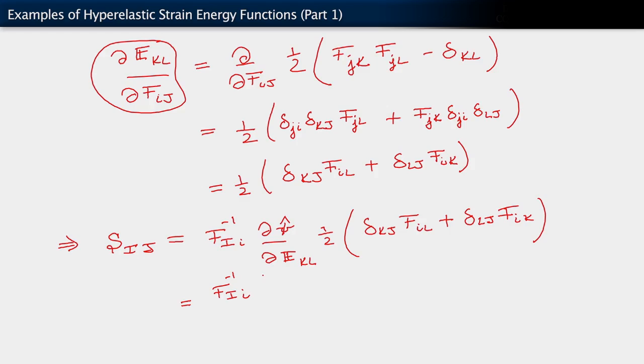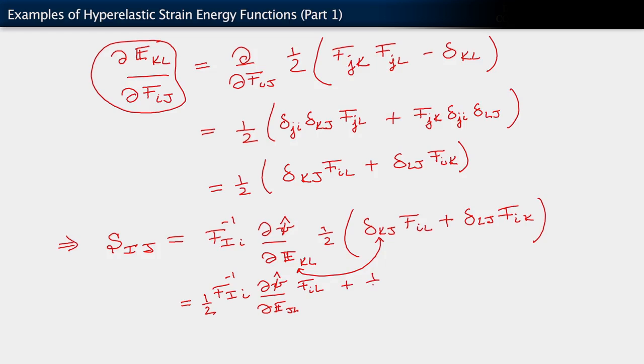Okay, now we come to the next term, right? What I'm going to do is break it up into two terms. I'm going to pull out the half here. In the first case, the delta Kj does its job and it acts upon that index, and converts the derivative to partial of psi hat with respect to E JL, and we have F iL.